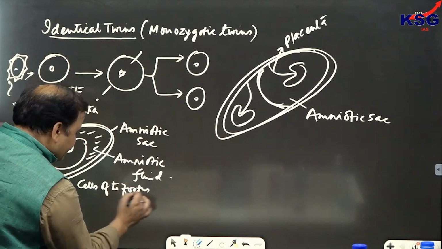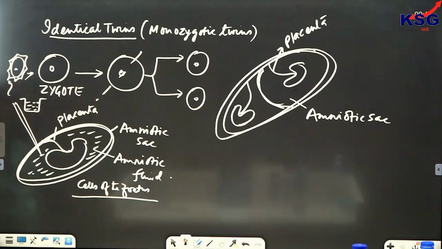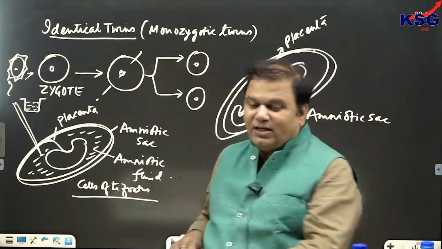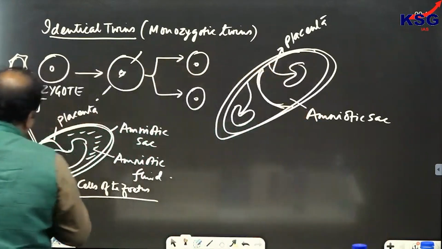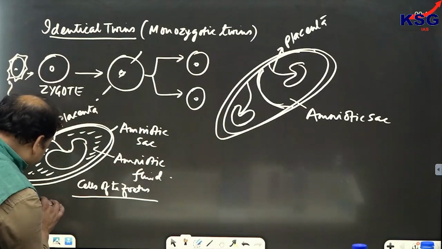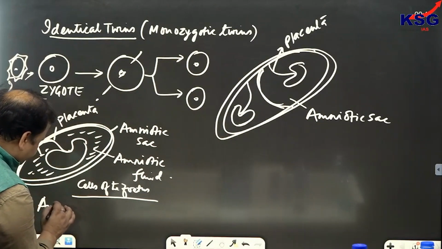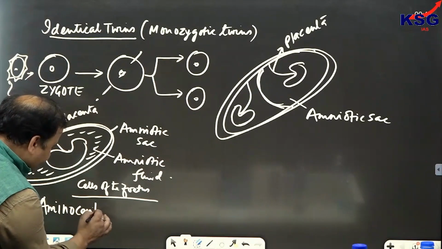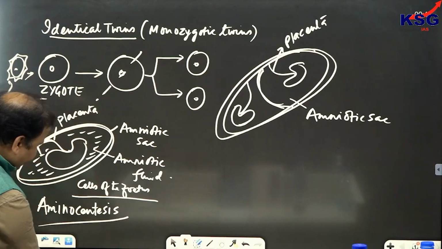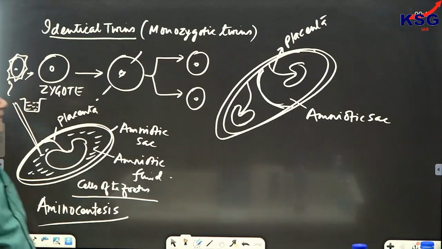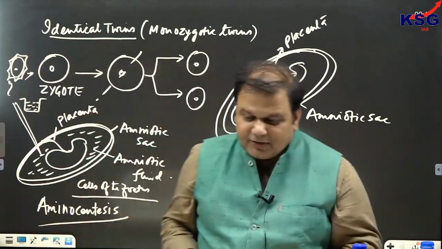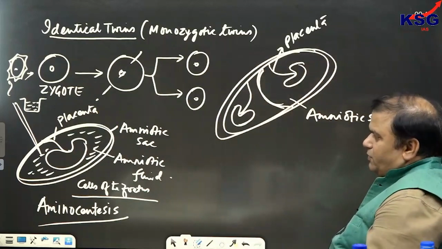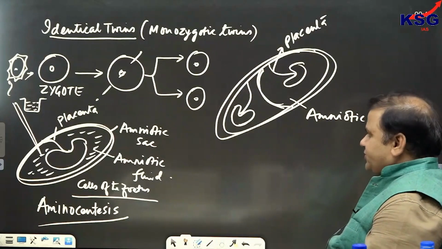The cells of the fetus are present in it, so they examine whether there is any kind of genetic disorder or not. And this process of taking amniotic fluid and determining the cells genetically is called amniocentesis. Clear? This is referred to as amniocentesis. Fine. Amniocentesis, that is the purpose.